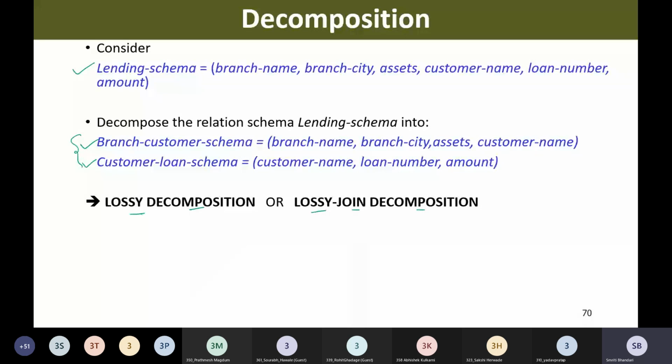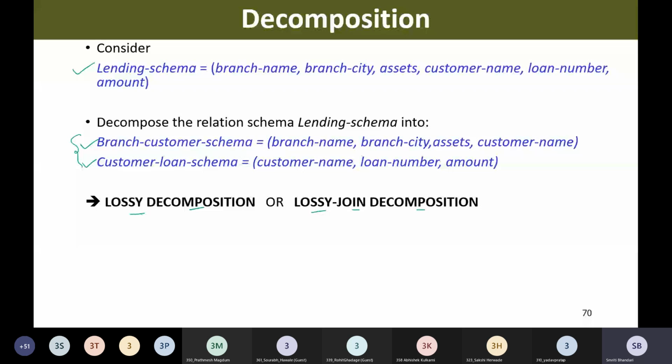Careless decomposition of a relation may lead to another form of bad design, and we need to avoid such bad design. So, please remember, while decomposing a relation, we should be very careful.